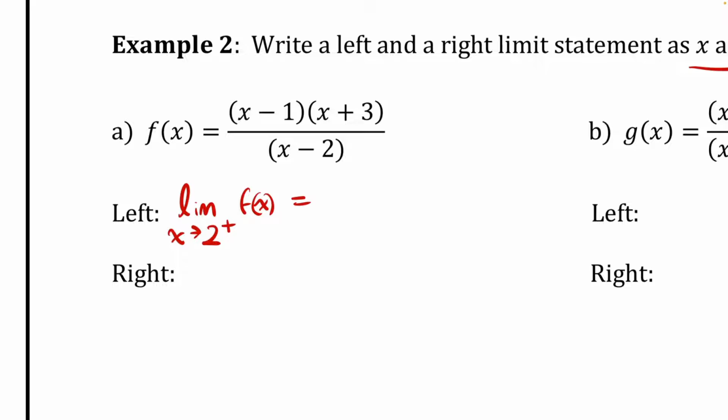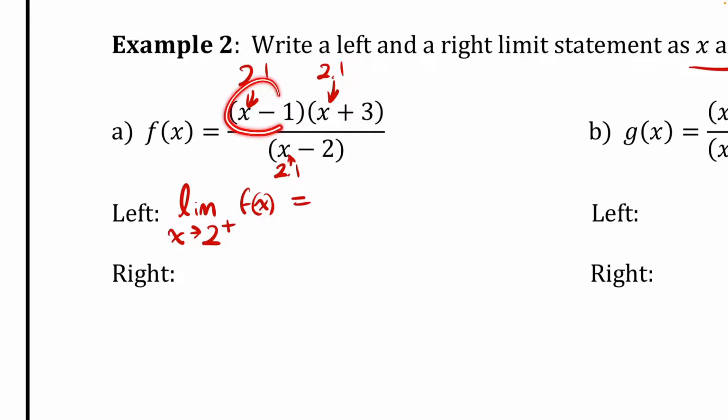So you have to be careful here. Essentially what you're doing is plugging in a number slightly bigger than 2, like 2.1 or 2.01 or 2.00001. Those numbers are slightly bigger than 2. So if I plug in 2.1 into this x, 2.1 into this x, and 2.1 into this x, we need to check the sign.